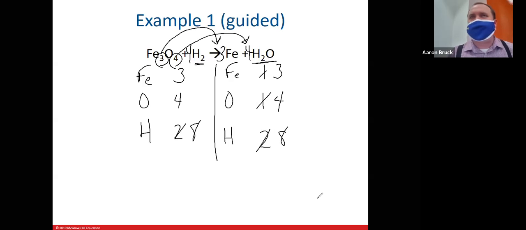All right, any questions with this example? Okay, so we're running up against time here. So I'm going to stop here for today. On Friday, we're going to do more with balancing equations. We're also going to introduce you to the 5 different types of chemical reactions.